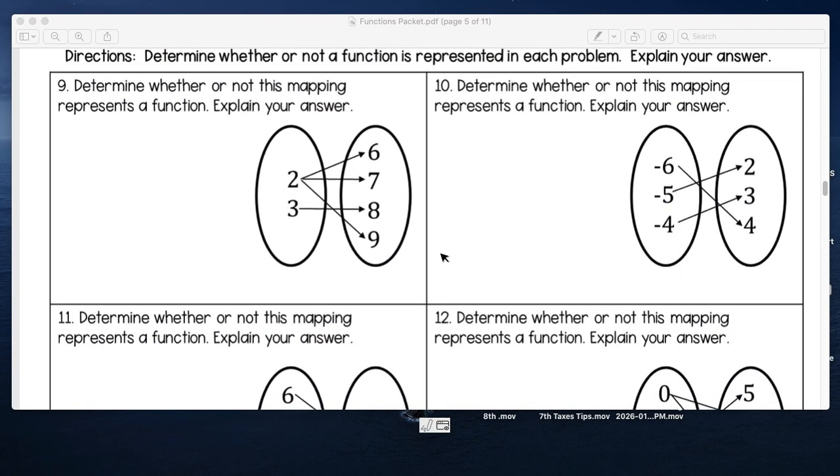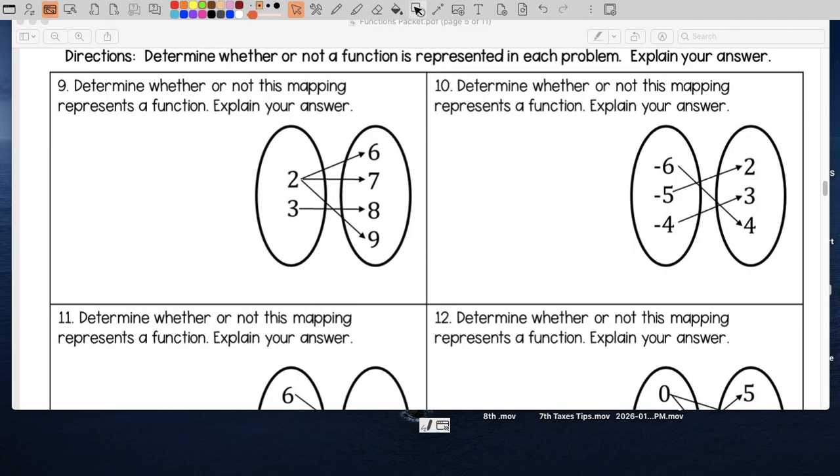Now we're looking at mapping diagrams here. I think it's easier to see if this is a function, and I like this. So clearly here we have a problem. Let me write domain. Let me write range. Right? So if you want, these are your inputs and these are your outputs. This is clearly not a function.